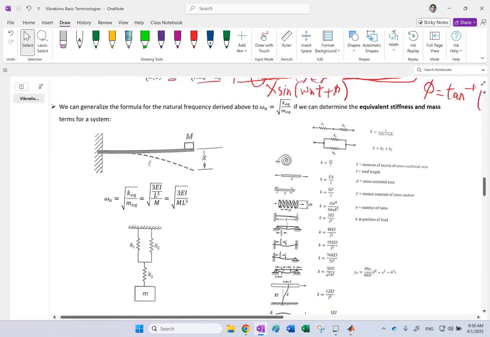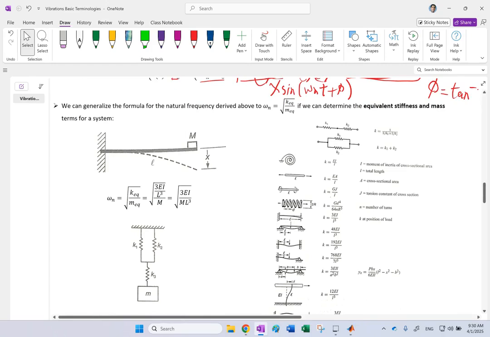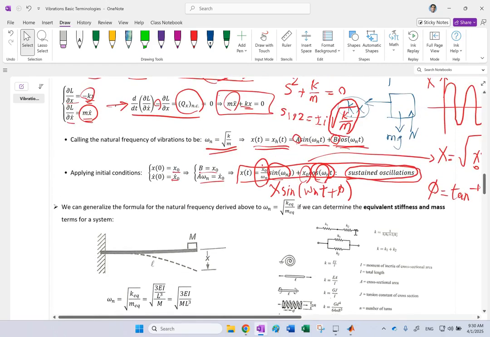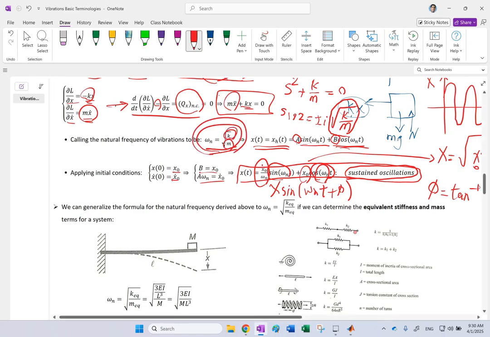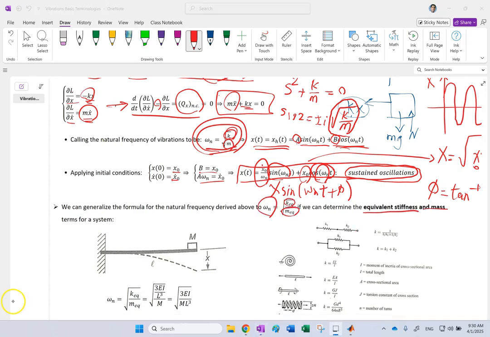Many times we can use this formula that we just derived, that for a system with some stiffness and with some inertia or mass, omega n equals square root of k over m, if k is what we call equivalent stiffness, and the mass is the equivalent mass of the system. We should still be able to use this formula. Well, how? What is equivalent mass? What is equivalent stiffness? How do we use it?